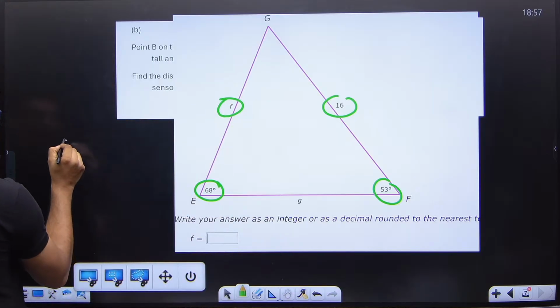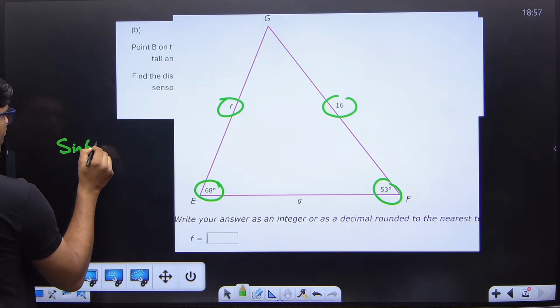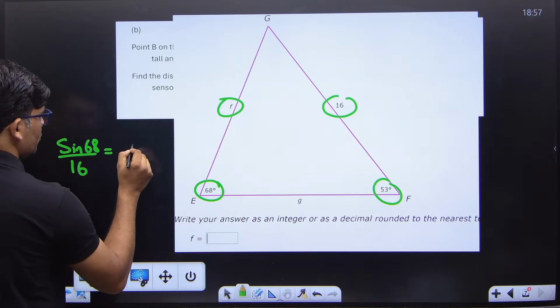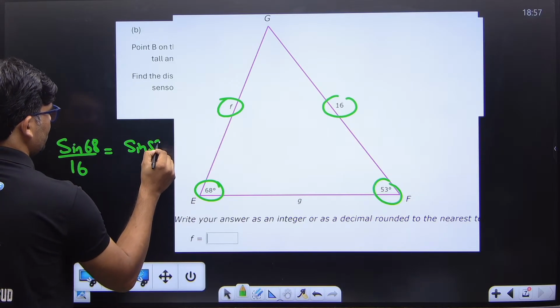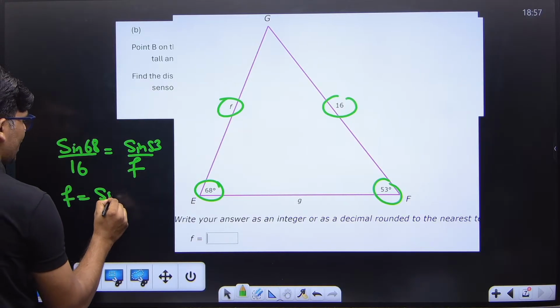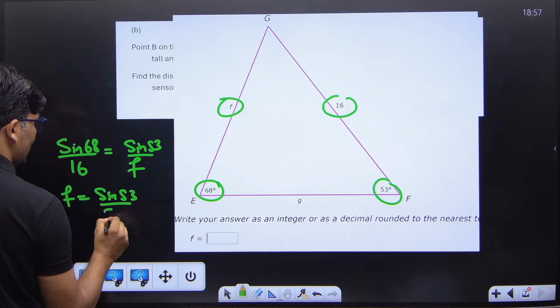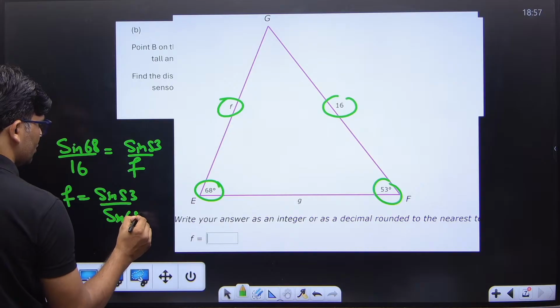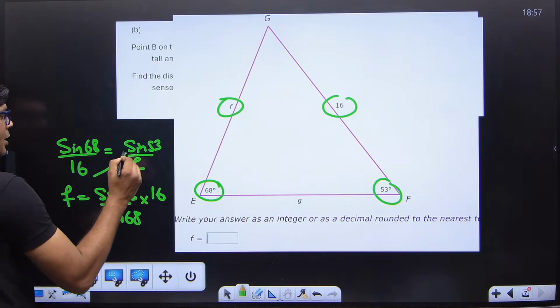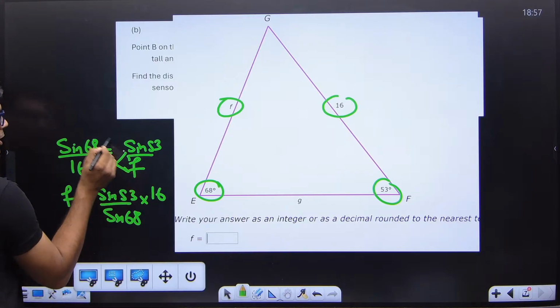So what we can write is sine 68 upon 16 is equal to sine 53 upon f. So f is going to be sine 53 upon sine 68 into 16. Are you getting it? This will go here, this will come here, and f will come here.